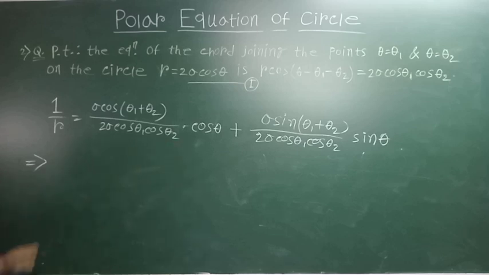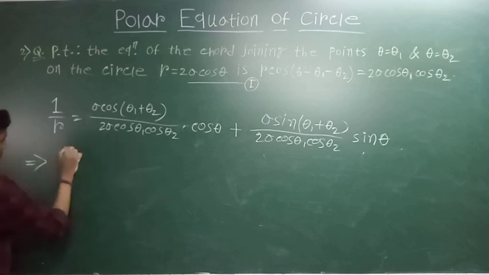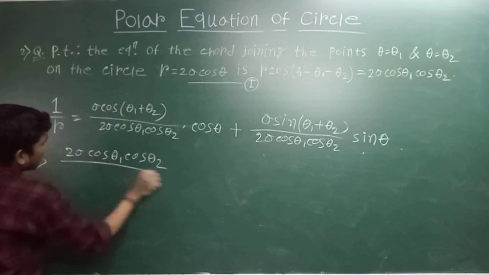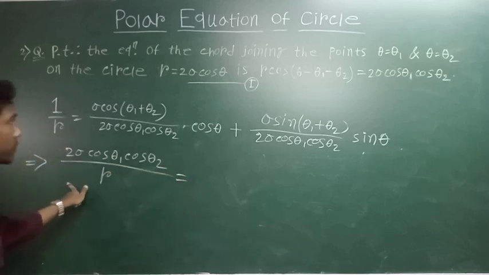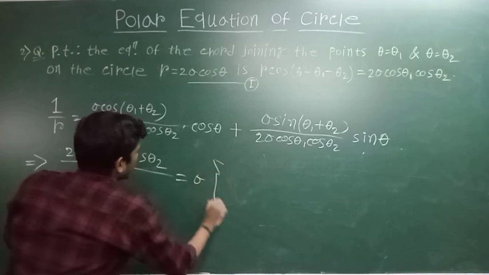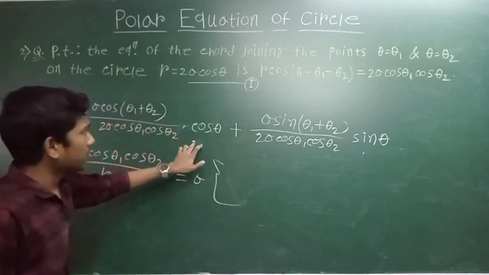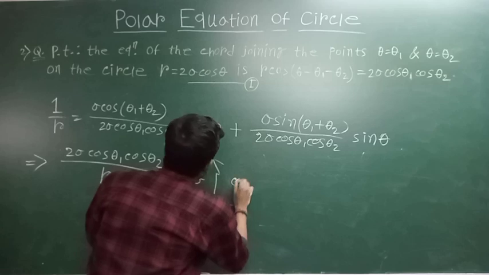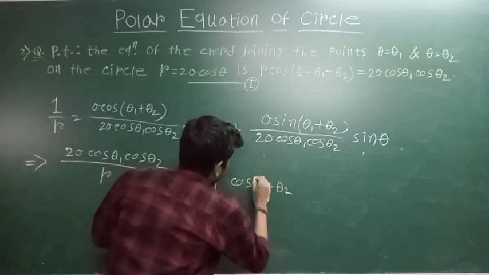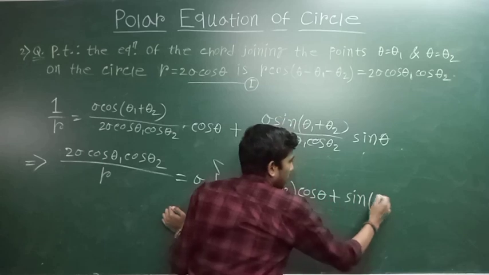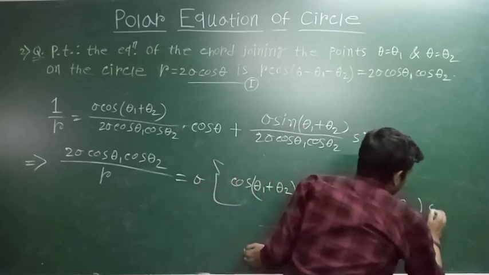Then we take r that side and we get 2a cos theta 1 into cos theta 2 divided by r is equal to a into cos (theta 1 plus theta 2) into cos theta plus sin (theta 1 plus theta 2) into sin theta. From both the terms we can take a common.